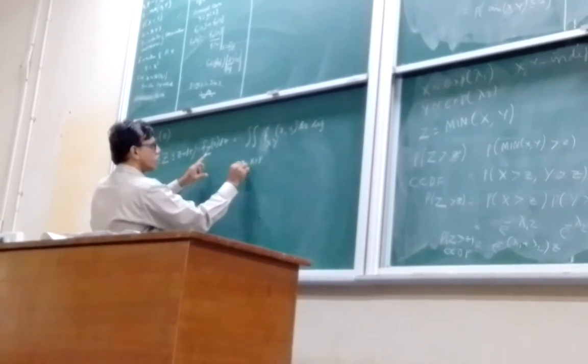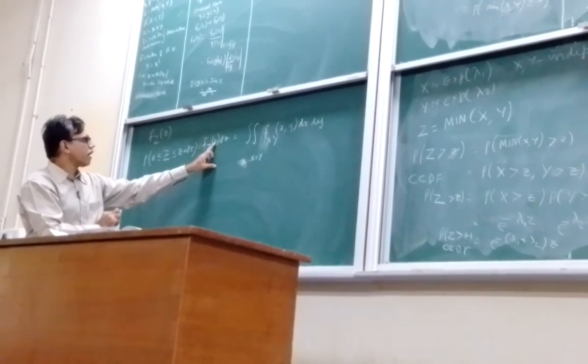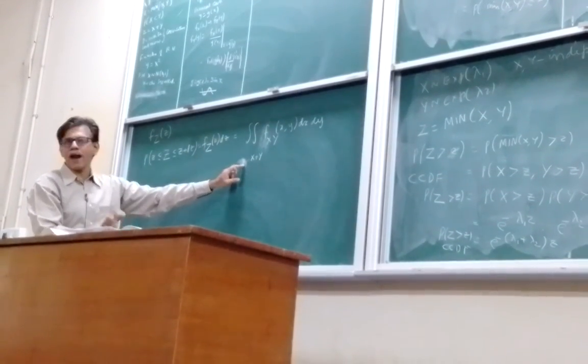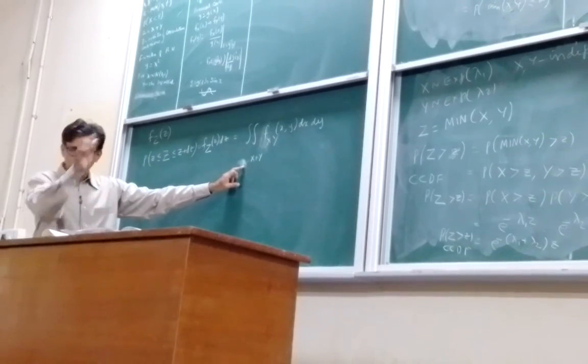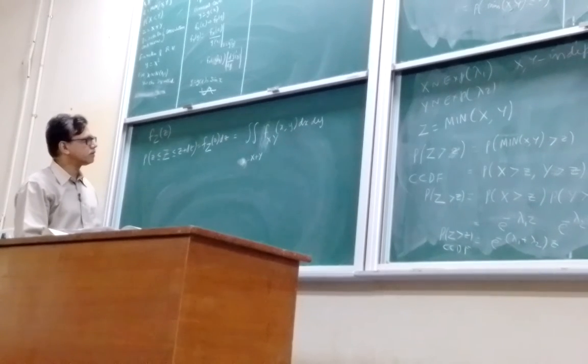Because you are evaluating at z, x plus y together should add up to z. If you enforce that condition, you will get a subset of the whole domain. There you have to integrate it.